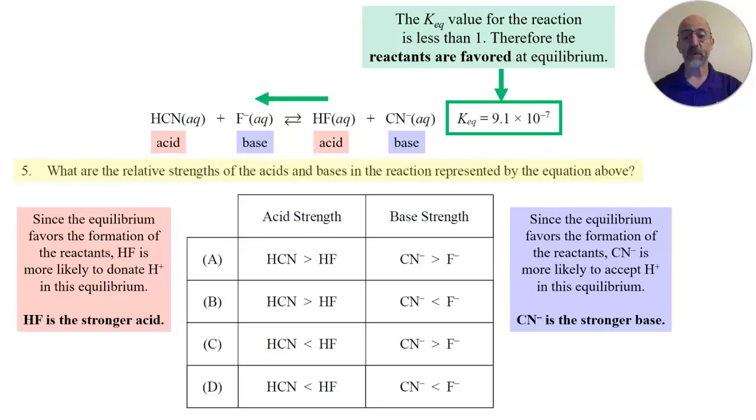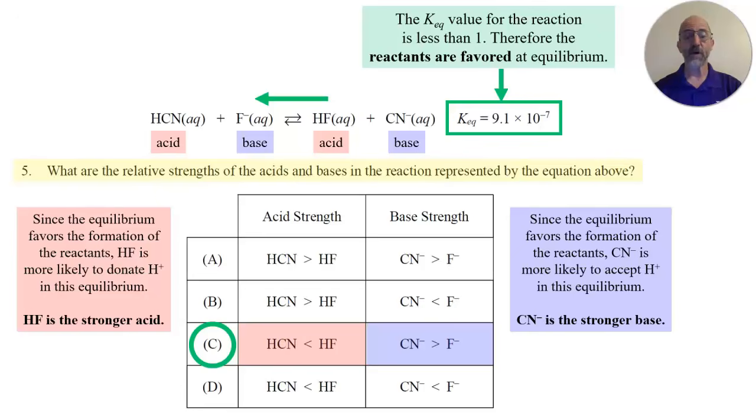Similarly, equilibrium favoring the formation of the reactants, so from right to left, CN minus is more likely to accept H plus, so CN minus is the stronger base. So now that we know that the reactants are favored at equilibrium, we know that HF is the stronger acid, CN minus is the stronger base, and so that makes choice C the correct answer. HF is the stronger acid, and CN minus is the stronger base.